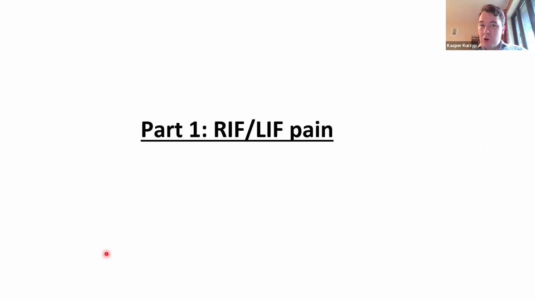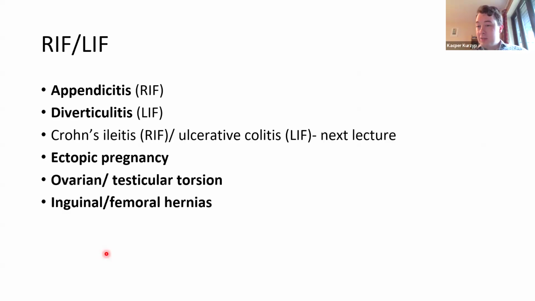Now we will cover the ones which come up most commonly, I would say. So the right iliac fossa pain and left iliac fossa pain. There are several key differentials in there. Your right iliac fossa pain is classically appendicitis, and we will cover appendicitis today. On the left, we have the sigmoid colon, and with the sigmoid colon, we have diverticulitis. We will cover a bit of Crohn's and ulcerative colitis today.